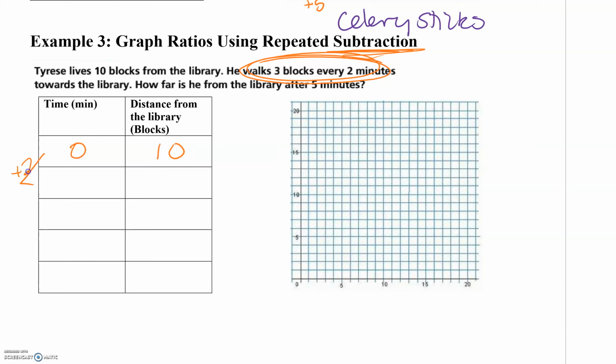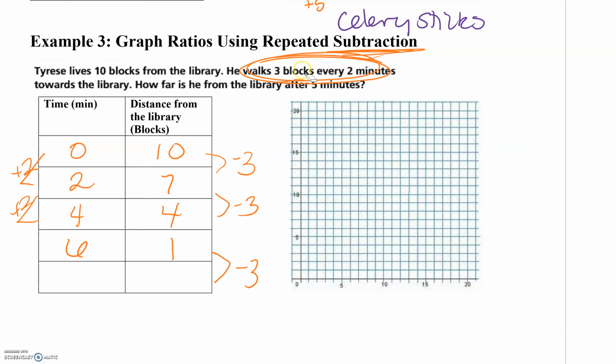Our time is increasing by 2 minutes, but our blocks to get to the library are subtracting 3. So 10 minus 3 is 7, 7 minus 3 is 4, 4 minus 3 is 1. If we went any further, we'd get into the negative zone, and we don't want to pass the library, we want to get there.